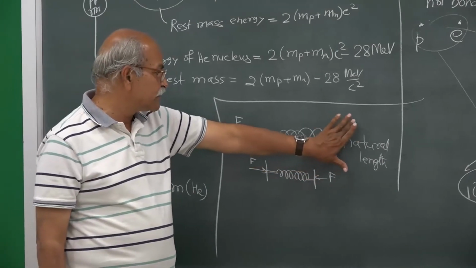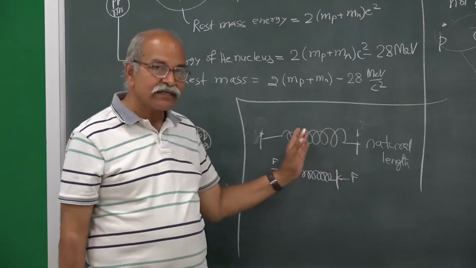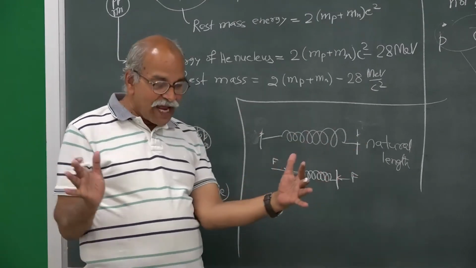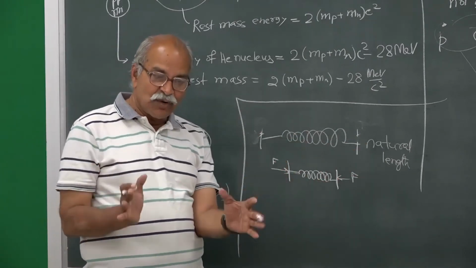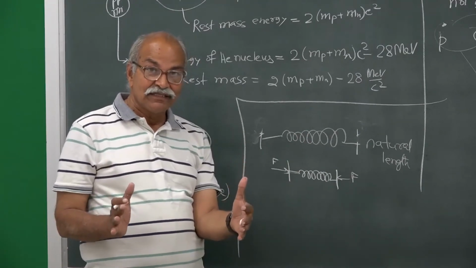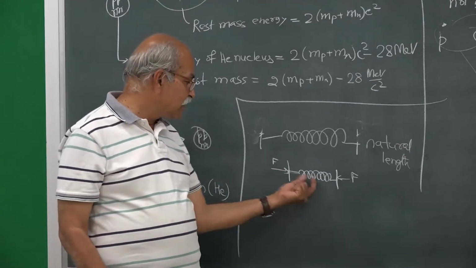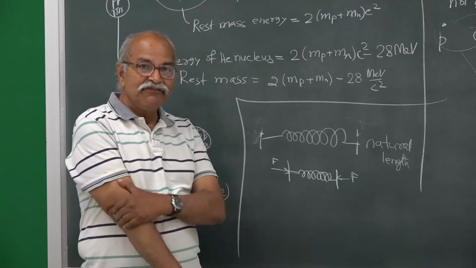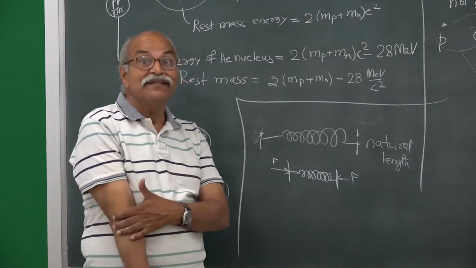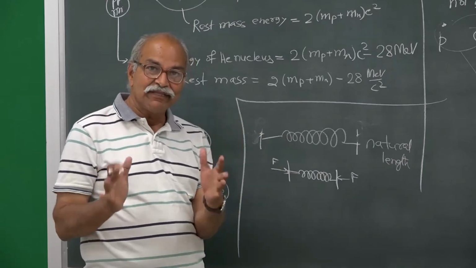This is the original position, the natural length, and now you have applied forces and it is compressed and again at rest, this spring is not moving. This compression and this force are related, F is equal to k, the spring constant, times delta x, and it is all in equilibrium, nothing is moving.